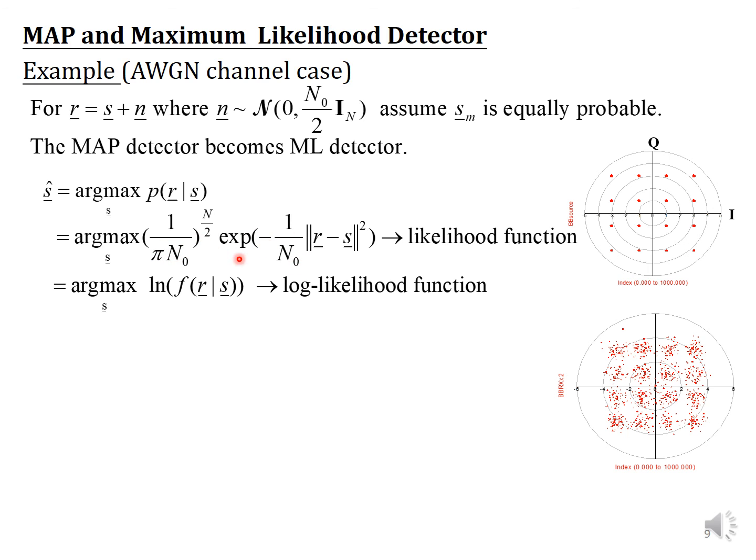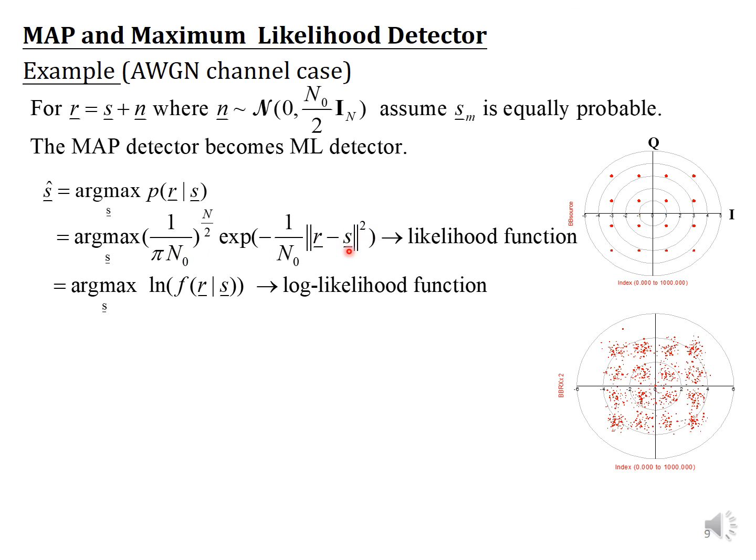Okay, and by doing this, we need to calculate this Gaussian function for each source. That would be complicated. So this calculation would be equivalent to this ln function. This ln function is called log.